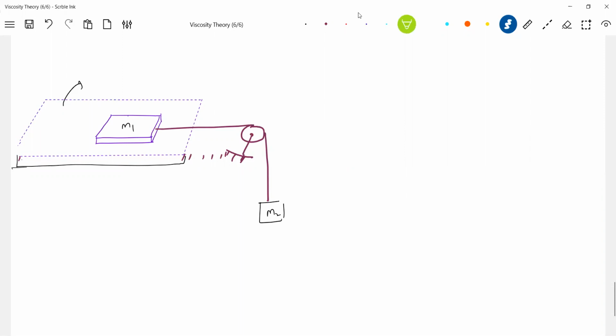I have to show it thick, no? Let it be. This is some oil layer. I'm showing it, some rough diagram. So let the dimensions of the block be L, B.